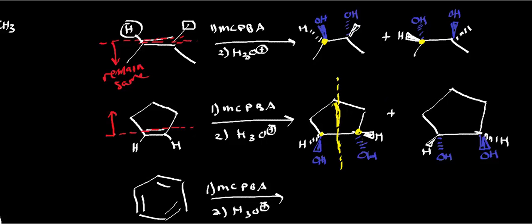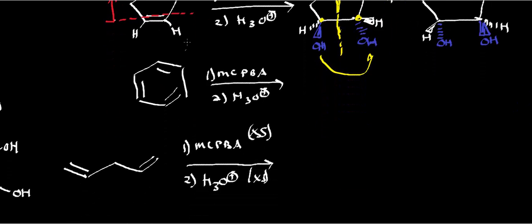When you do that, this hydroxyl group would be on a wedge over here. When you do the 180 degree flip, that hydroxyl group would be on a dash over here, and it certainly is not the same compound as over here. So these are enantiomers to one another. Okay, so hopefully that makes sense.